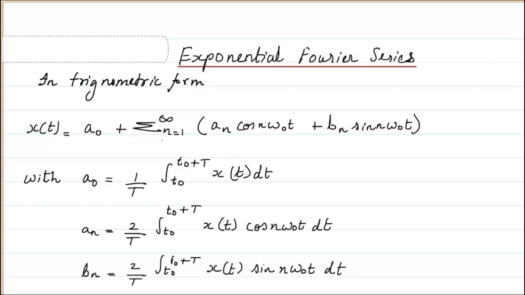So in trigonometric form, we have seen that x of t is basically a naught, then a n, b n, which are calculated by these equations. Now these we are planning to change. How? By using Euler's formula.